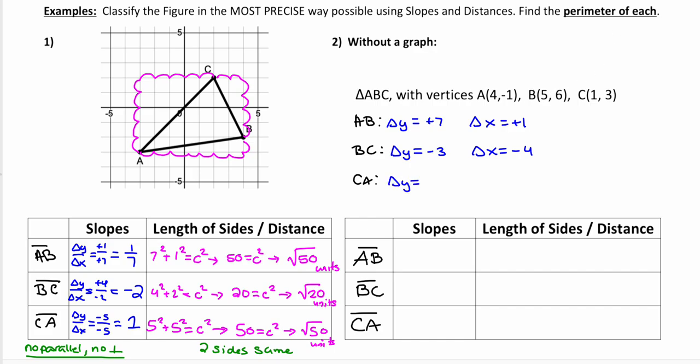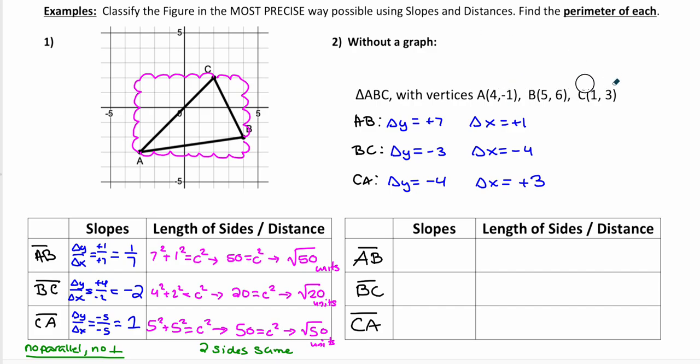I'm going to go from 3 to -1, which is going to be a minusing of 4. Change in x will be from 1 to 4, which is an addition of 3.